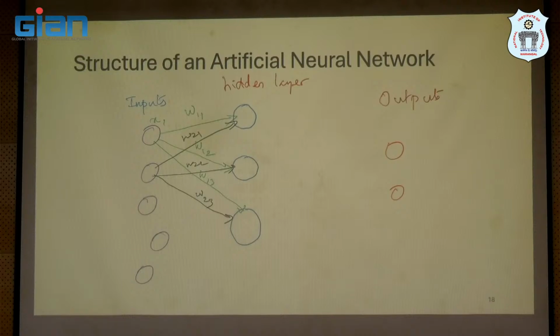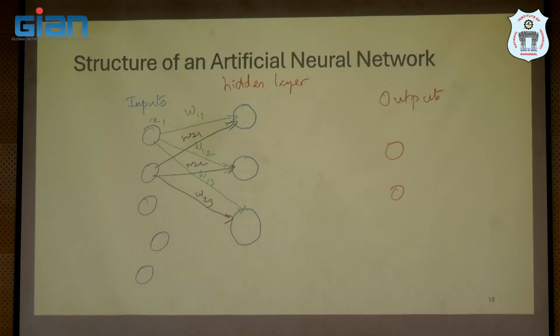Likewise, you will have all the 5 input points connected to all the 3 neurons in the hidden layer. The neuron will do a weighted sum of all the inputs.